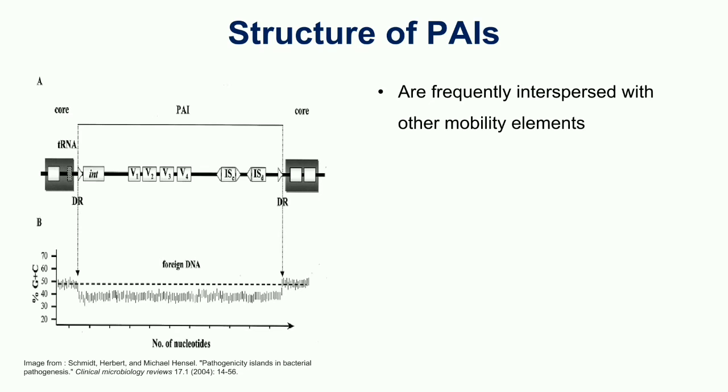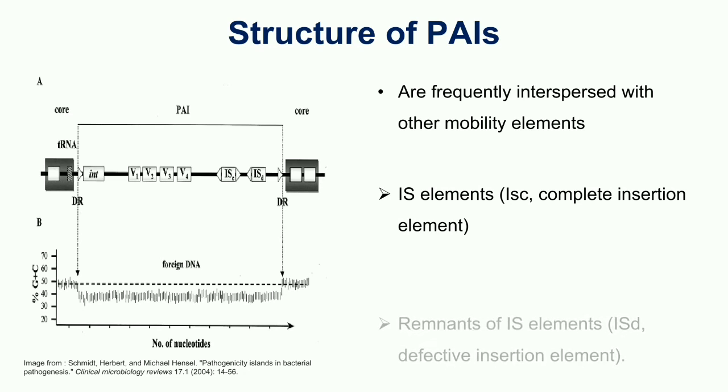These mobility elements are frequently interspaced from one another. Along with the integrase or the cryptic genes, there is presence of insertion elements in the pathogenicity islands.